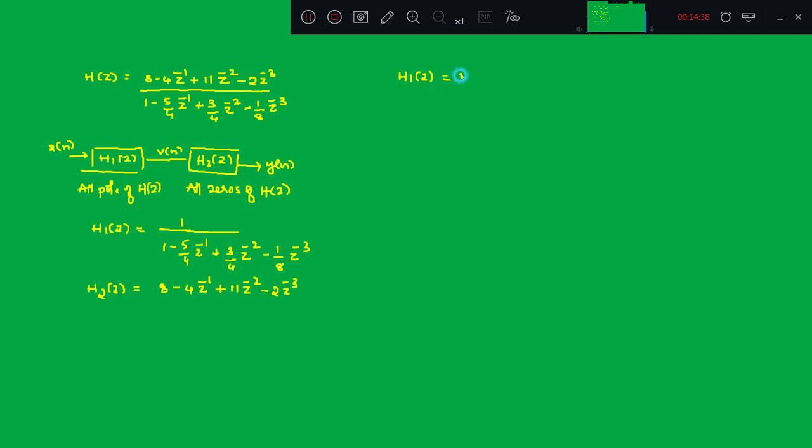the z transform of output V(z) divided by X(z), right? Output is v(n), input is x(n), so there the z transform, which is equal to, what is H1(z)? It is 1 divided by 1 minus 5 by 4 z raised to minus 1 plus 3 by 4 z raised to minus 2 minus 1 by 8 z raised to minus 3.